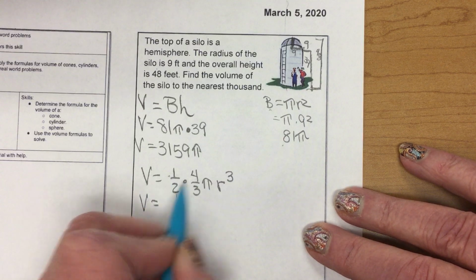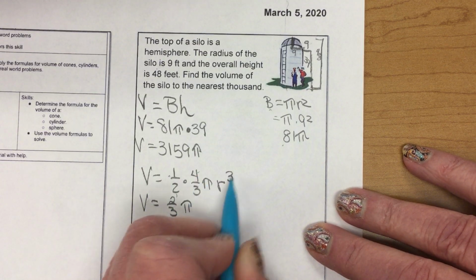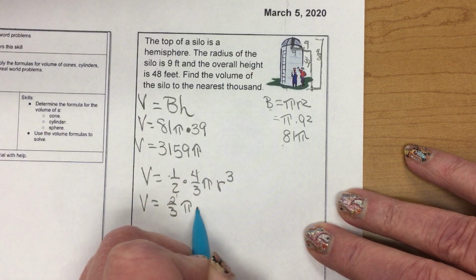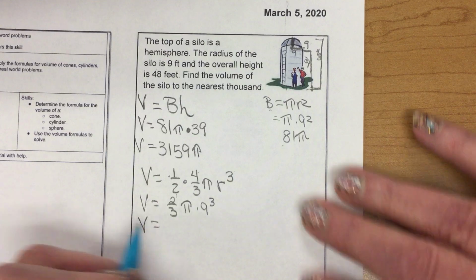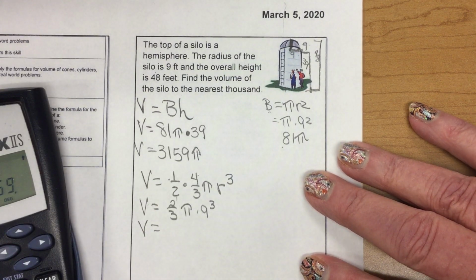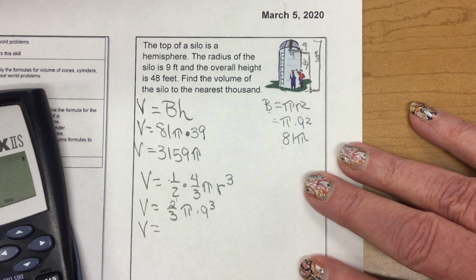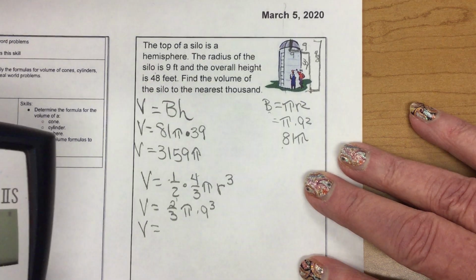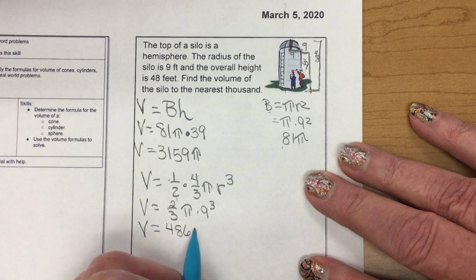So 1/2 of 4/3 would be 2/3 pi of radius 9 cubed, which would give me 9 cubed times 2/3, 486 pi.